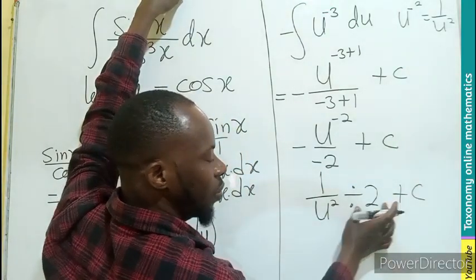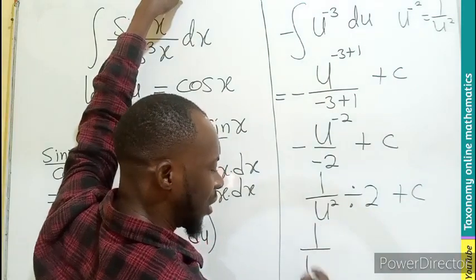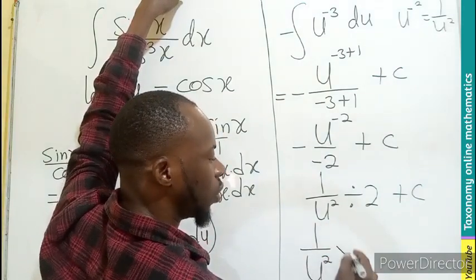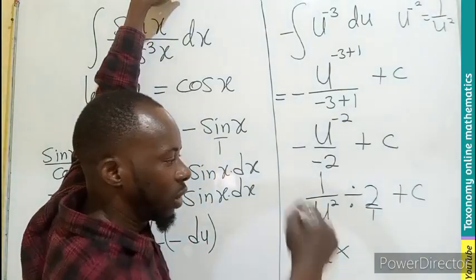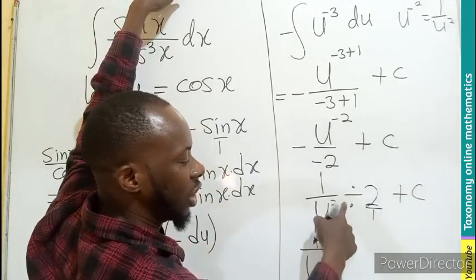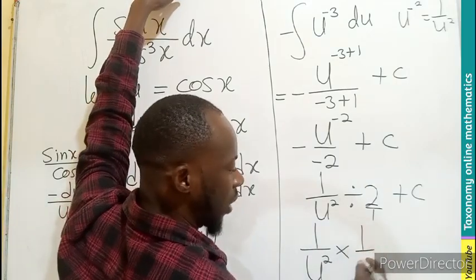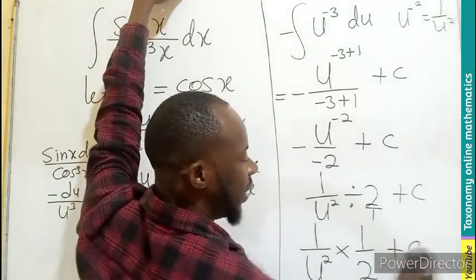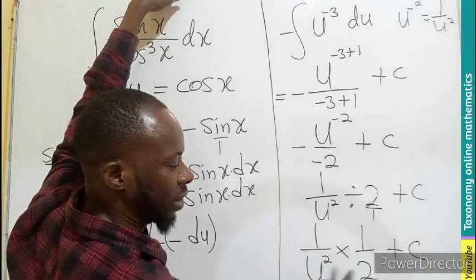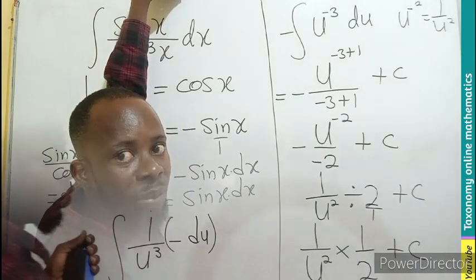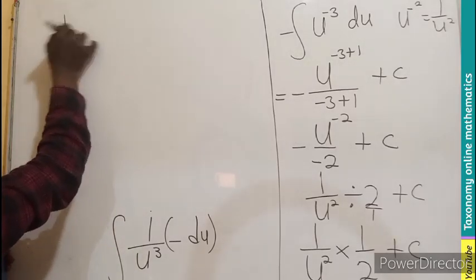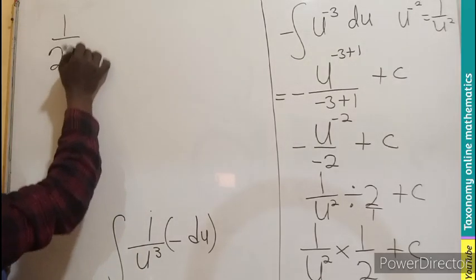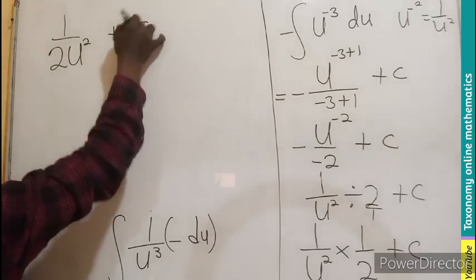Don't forget 2 has 1 as a denominator, so that denominator goes up as I change this to multiplication. So 1 over 2 plus c. So in fact, this becomes 1 over 2u to the power 2 plus c.